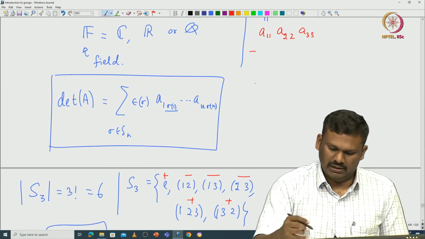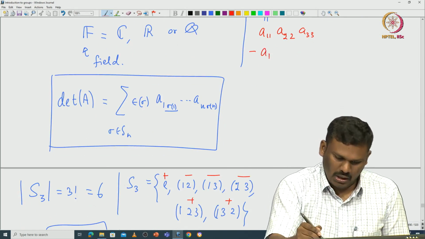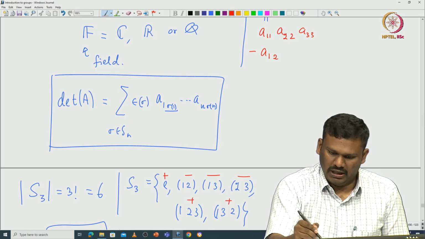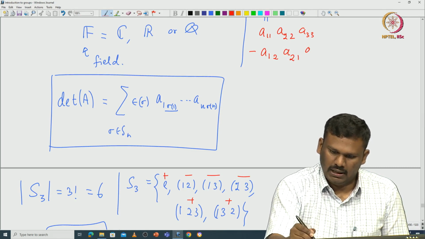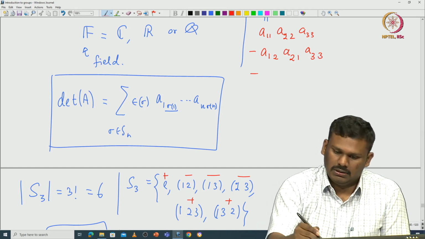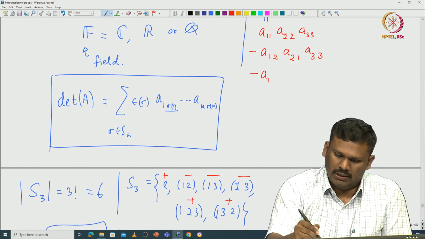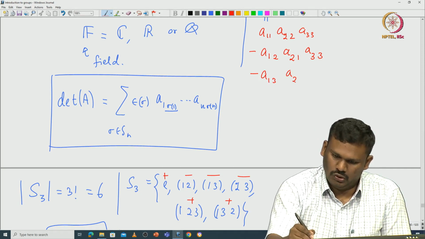So now you have to see what this (1 2) does. A1 sigma of 1 is 2, A12, and then A2 sigma of 2 is 1, A21, and then A3 sigma of 3 is 3. Then minus, where 1 goes to 3 and 2 goes to 2 and 3 goes to 1.